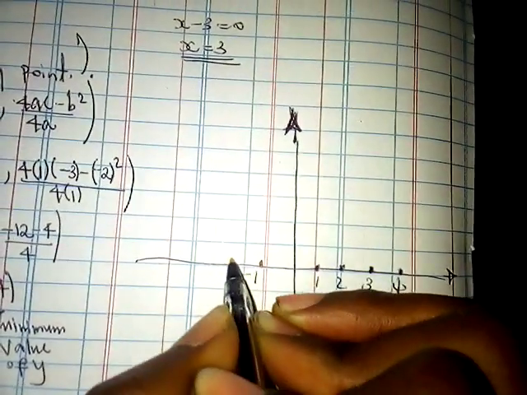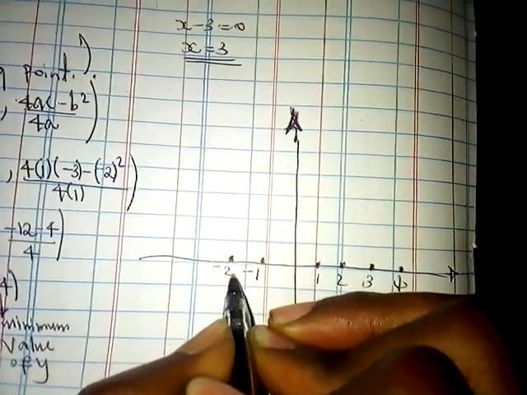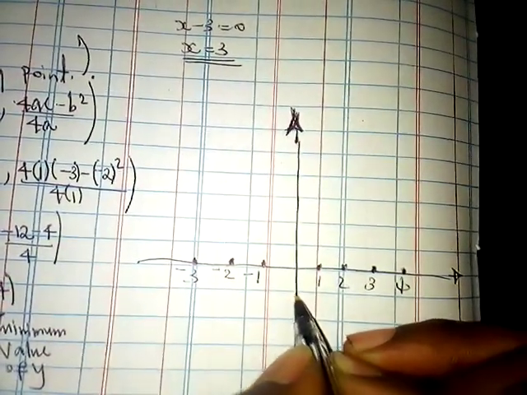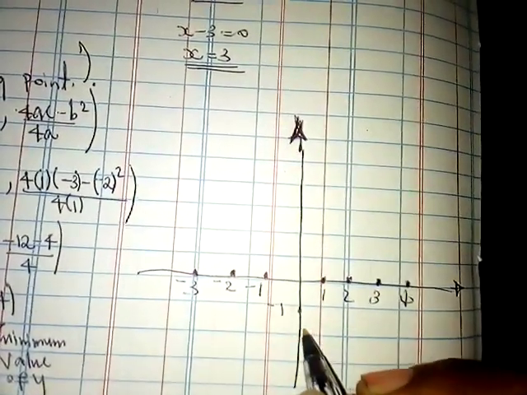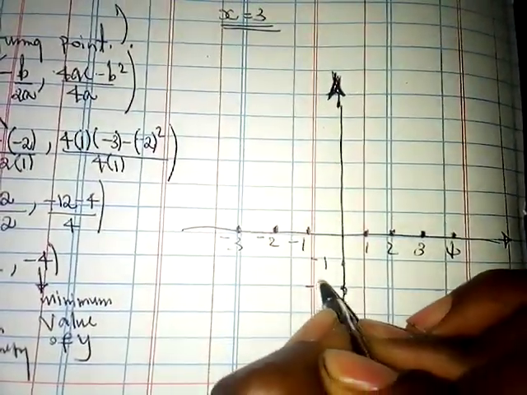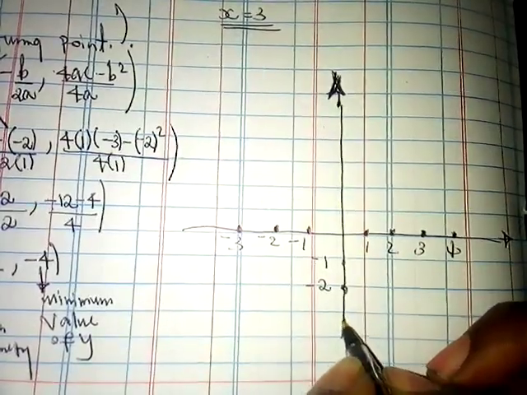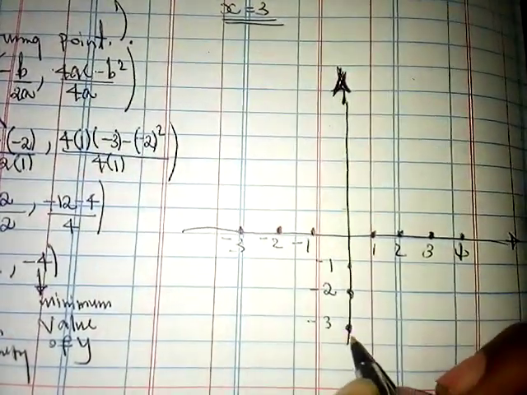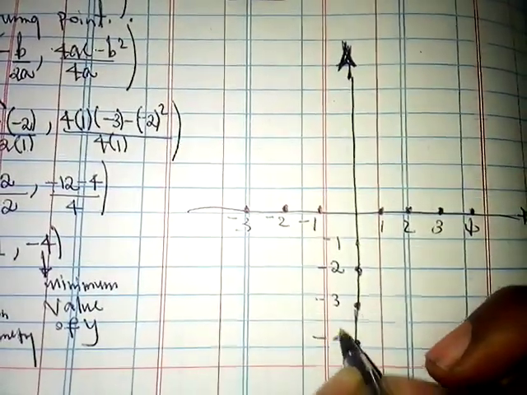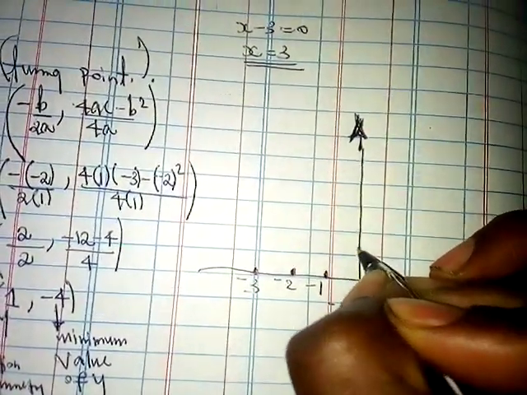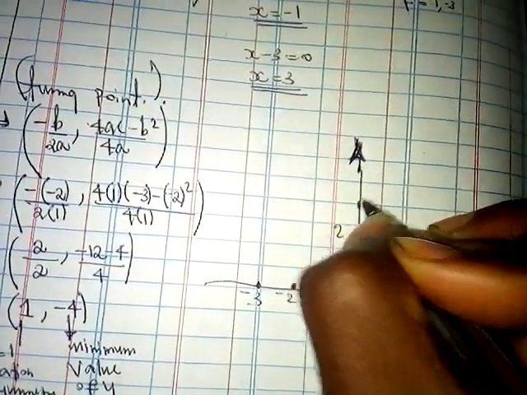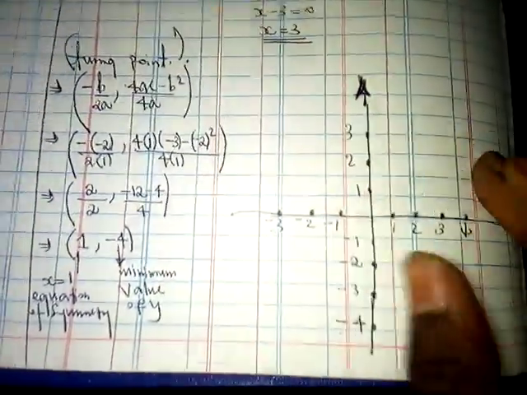Negative 1, negative 2, negative 3. 1, and negative 2, negative 3. Let me extend this a little. Negative 4. 1, 2, I think I'm just going to do 3.